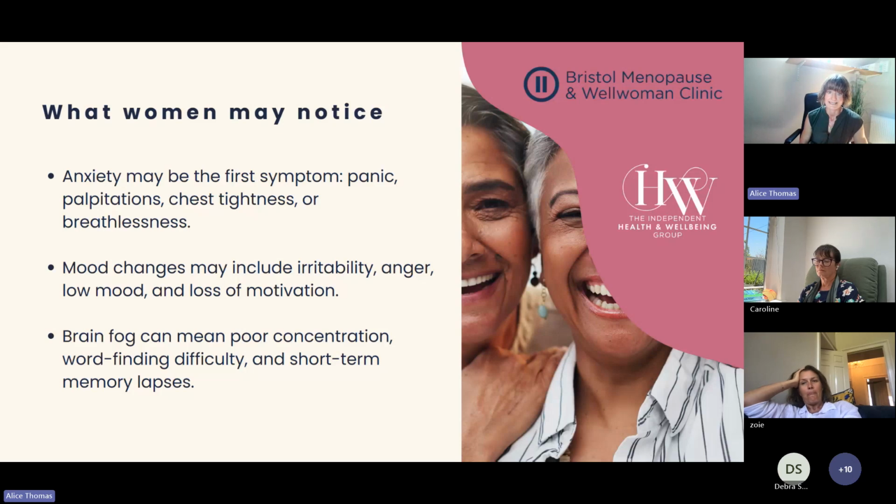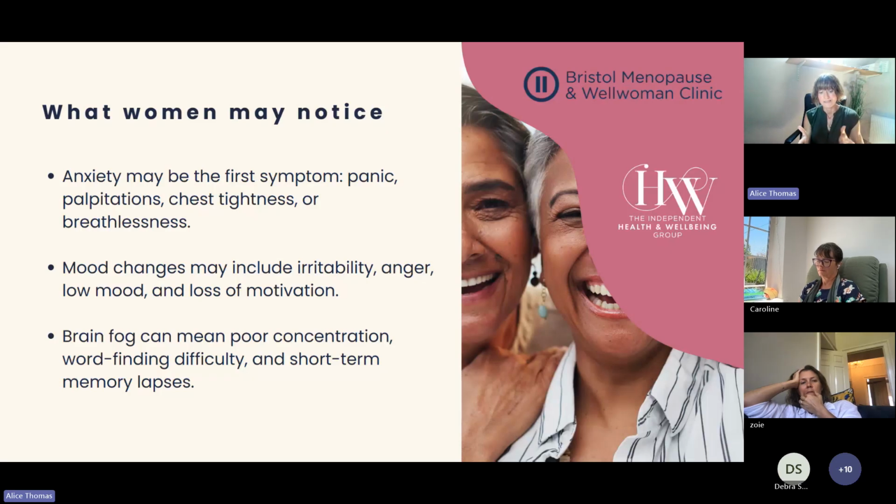Women also experience irritability, mood swings, feelings of anger and rage, similar to PMS symptoms. And sometimes the first thing that happens is that women start to notice a worsening of PMS symptoms, which can become more intense. They can start to last longer.